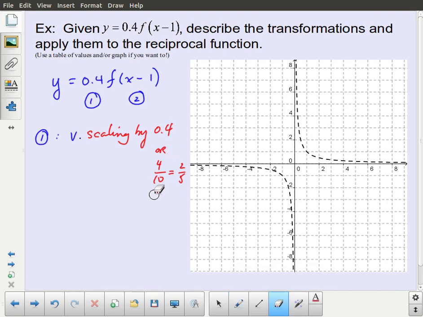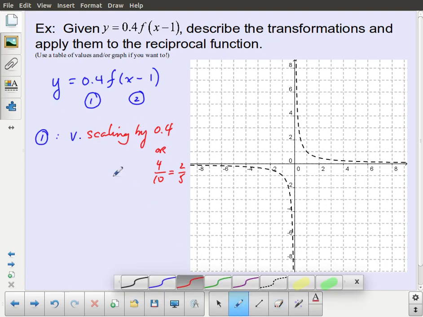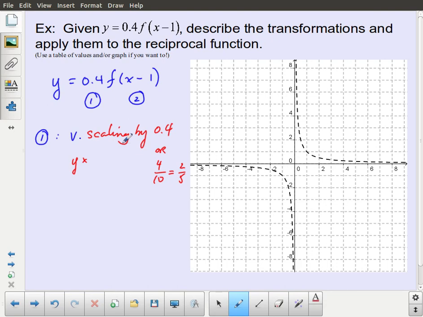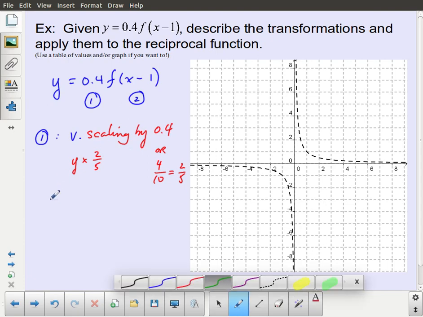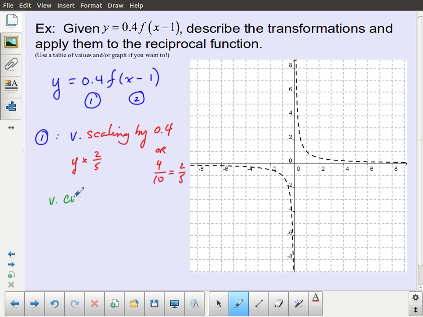So that is correct. It's a vertical scaling, and vertical scaling means I'm just going to take the y value and multiply it by 2 over 5. That's what vertical scaling means. There is another way to write this, which is to call this a vertical compression.